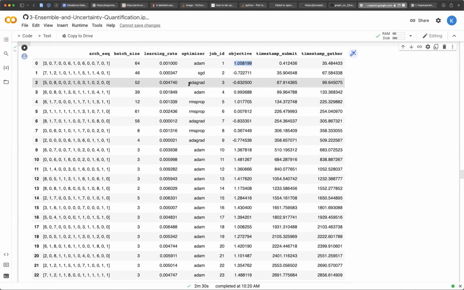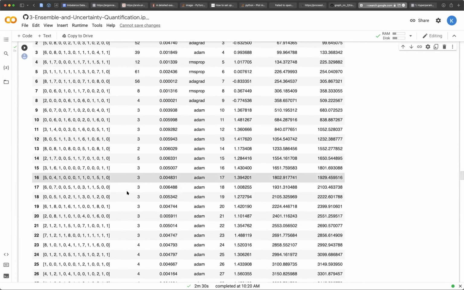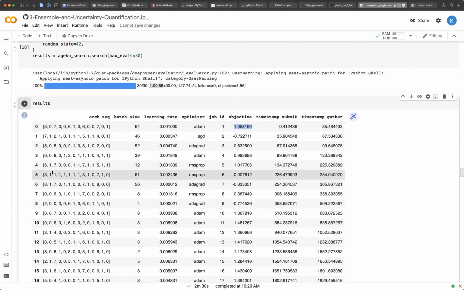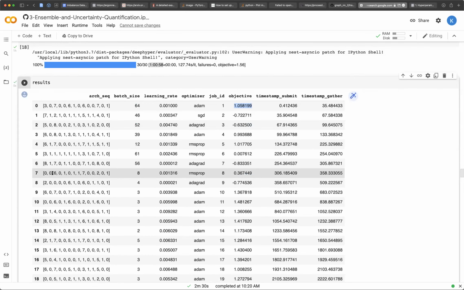Now, in the previous two cases, we would have thrown away all the other 29 models that this searched, and only kept the first model. But in this case, our goal is to come up with an ensemble which is going to give us an uncertainty estimate through this mean and standard deviation. That's why we are not going to throw all of these models away, but rather keep all of them and come up with the best subset of this catalog.